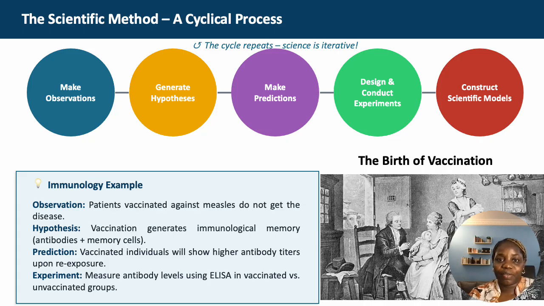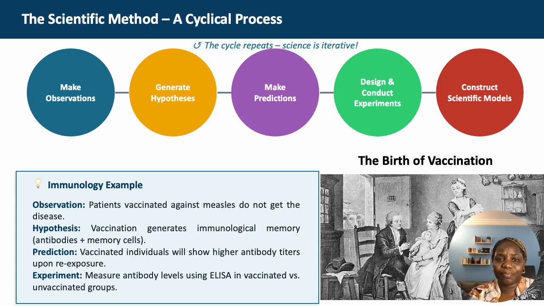He observed that milkmaids, the young women who took care of cows every day, seemed to be protected from smallpox. Smallpox was one of the most feared diseases of the era, because it was disfiguring people and frequently leading to death. It was responsible for killing 400,000 Europeans every year at that time.